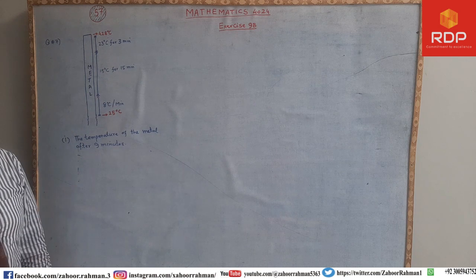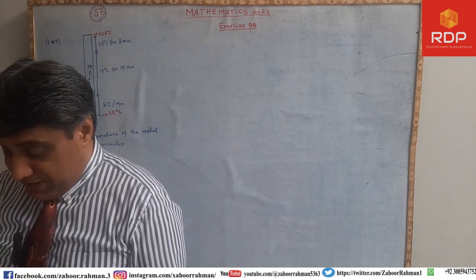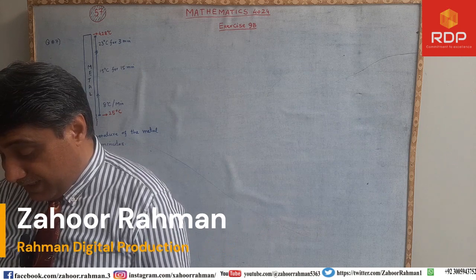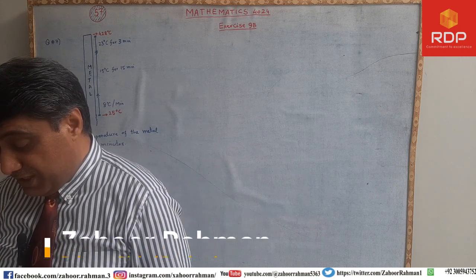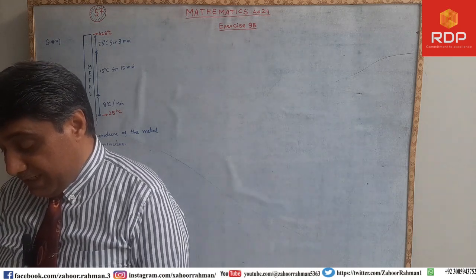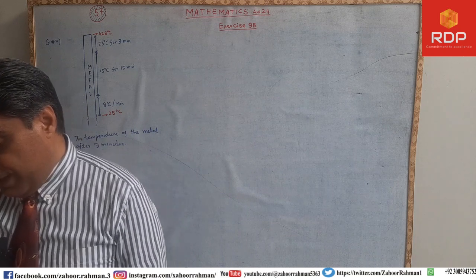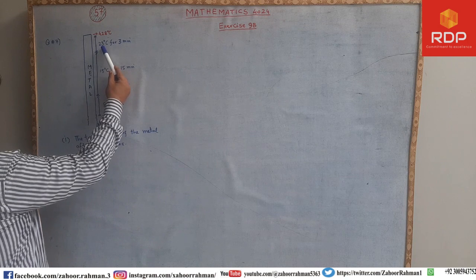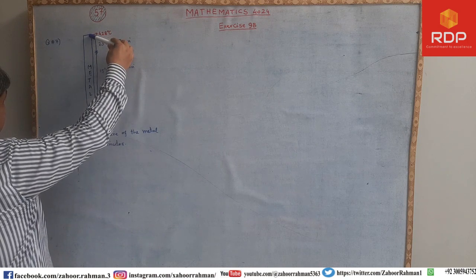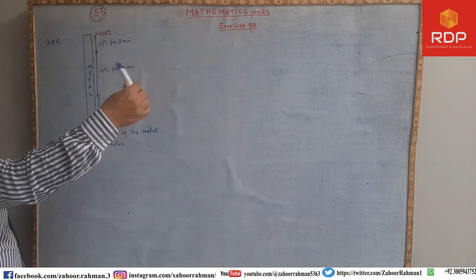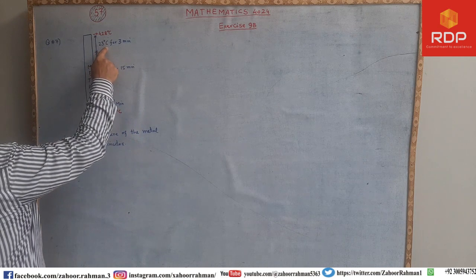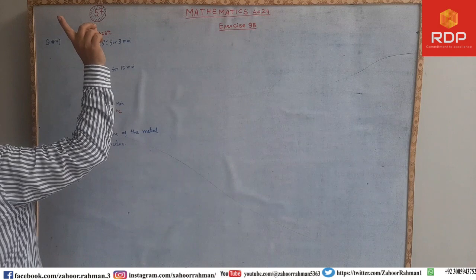So they are saying that the temperature of the metal falls at a rate of 23 degrees Celsius per minute for 3 minutes.